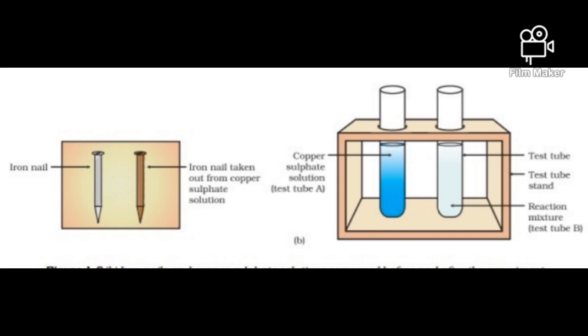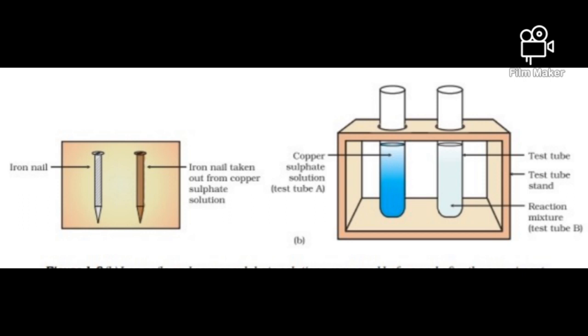Next we have been given a comparison where the color of the iron nail is changed and the color of the solution in the test tube is also changed. The reason for this is a reaction where a substance has displaced, that means shifted, another from its place and taken its position in the solution.